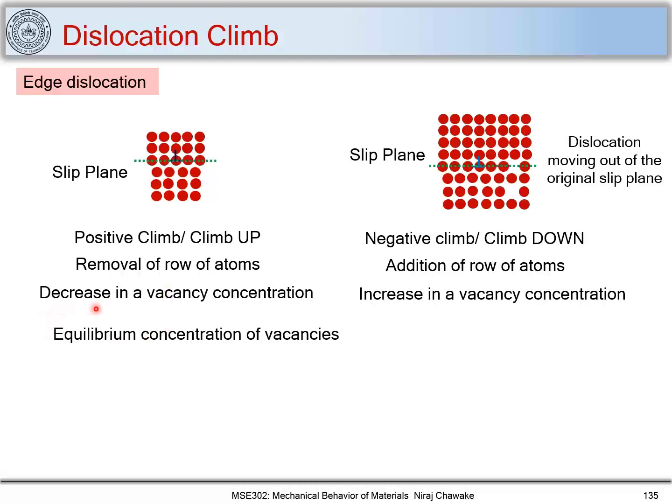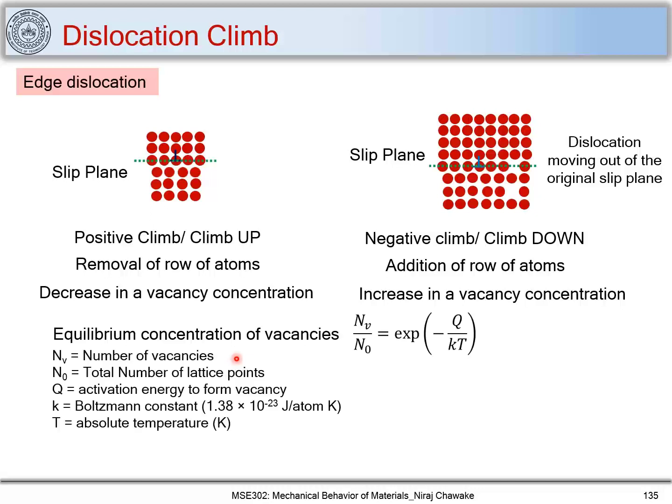What we say is that there is always a thermally equilibrium concentration of vacancies already present in a material, and that is given as Nv upon N naught equal to exponential of minus Q upon KT, where Nv is the number of vacancies, N naught is the total number of lattice points, T is the absolute temperature, Q is the activation energy to form a vacancy, and K is the Boltzmann constant.